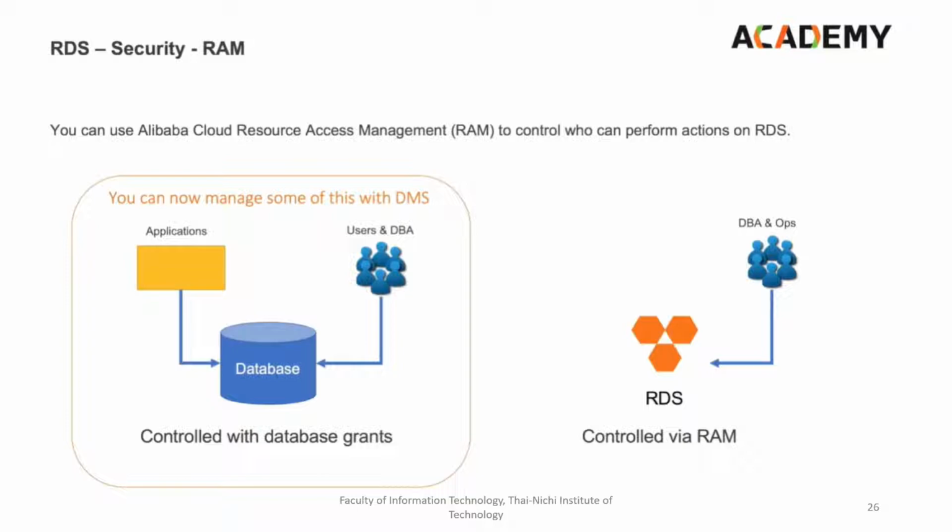In the traditional systems, we have the applications and the users, and then the database administrators controlling the database. But in the case of RDS, the RDS is controlled by the RAM and the users, and then they have operations and database administrators. So there is a reduction in the number of controls, but it is made even more efficient than the traditional ones.